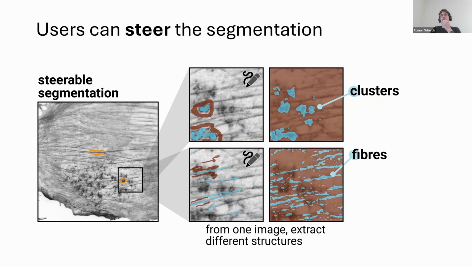Depending on what you annotate, you get a different segmentation, right? If you annotate the clusters as one class, and everything else, including all fibers and background, as another class, you will get a segmentation that shows exactly this. On the other hand, if you annotate the fibers versus background, you will get fibers.